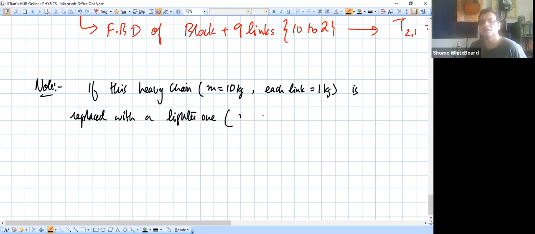Its mass is, let's say, 1/100th. So each link is 10 grams because the whole thing is 100 grams.